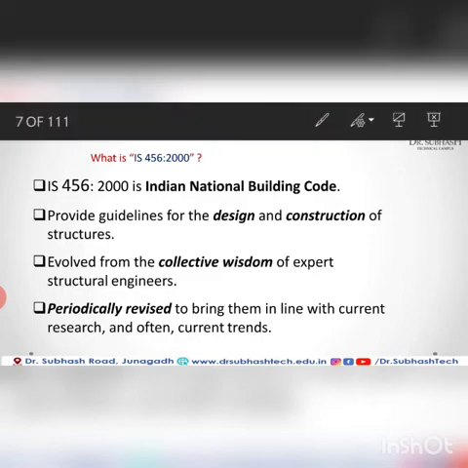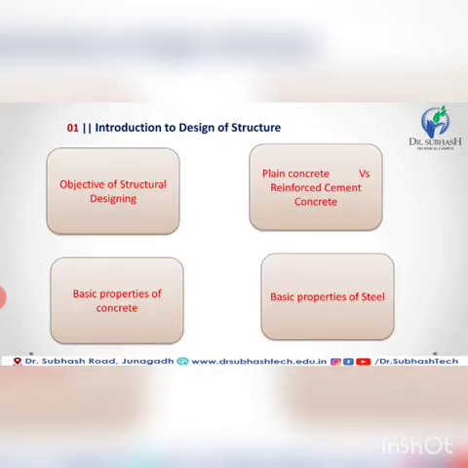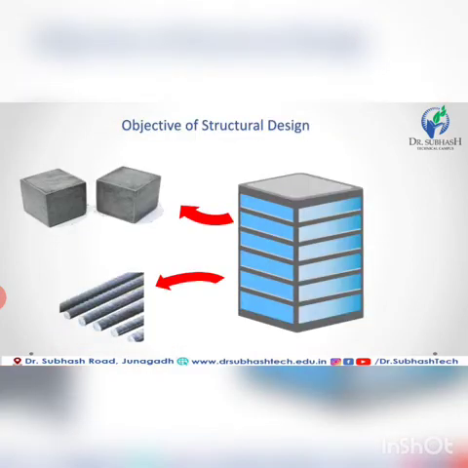Okay, next, objective of structure design. Plain concrete versus reinforced cement concrete. Basic property of concrete. Basic property of steel. Generally, multi-story buildings use construction materials concrete and steel.